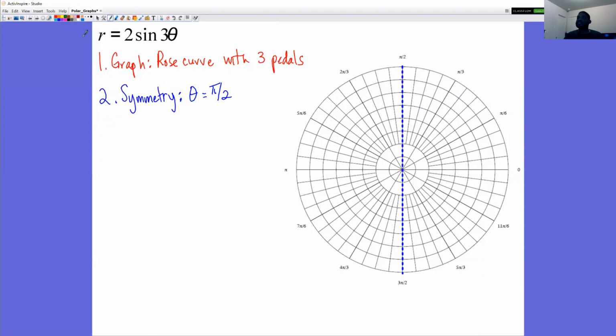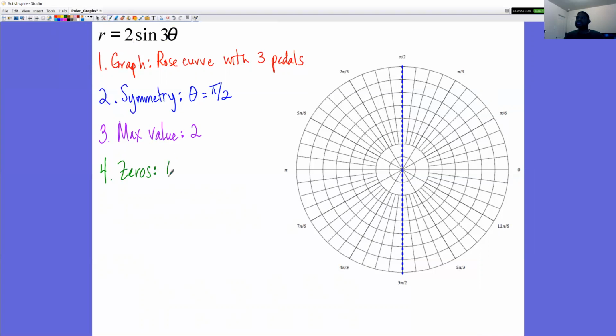Three, I'm going to find the max value. And the max value here is going to be 2. And then 4, I'm going to find my zeros.